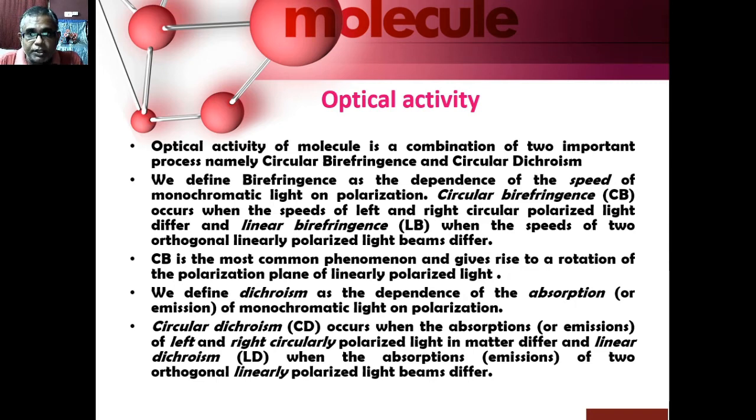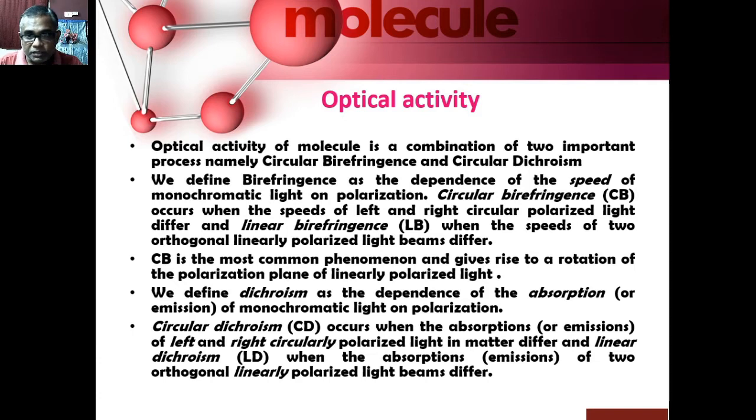But before that, when the speed of the light is changed, then the phenomenon of birefringence occurs. Linear birefringence occurs when the speed of two orthogonal linearly polarized light beams differ. Circular birefringence is the most common phenomenon. We have already seen this kind of phenomenon in our lower classes in the Tyndall effect and Brownian motion.